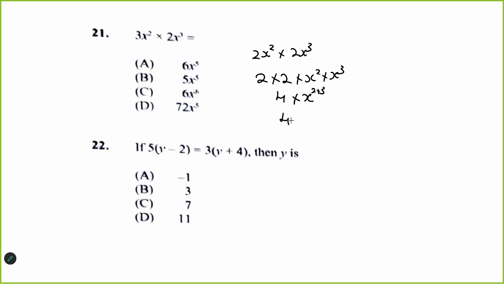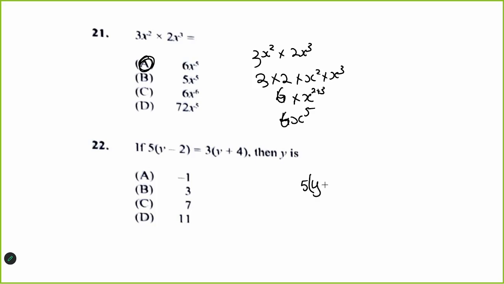That is 4x to the power of 5. Hold on, why did I put 2? It's 3. My bad. That's supposed to be 6. Alright, 6x to the power of 5. Assuming this is the answer, right? Yeah, that's the only one that could possibly be the answer.